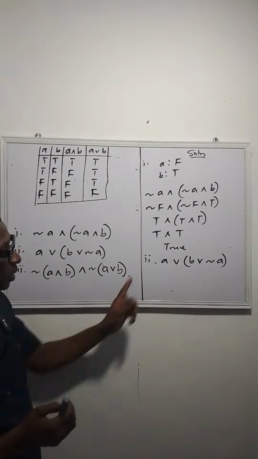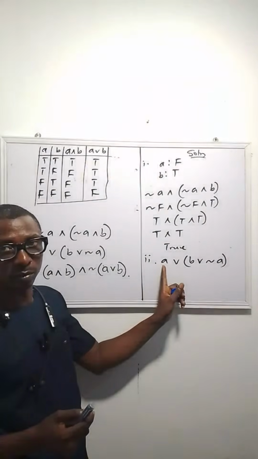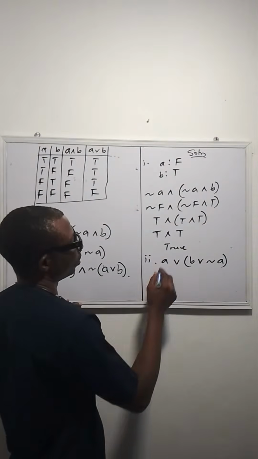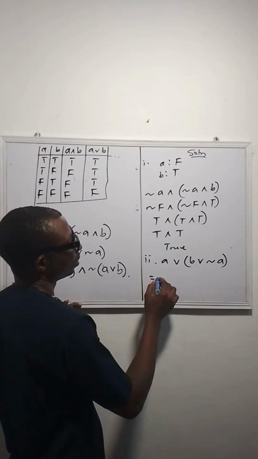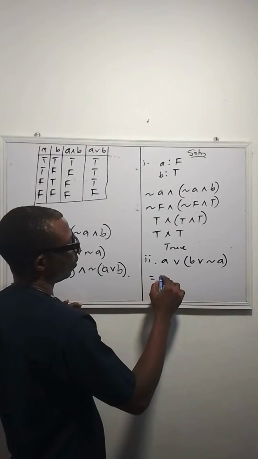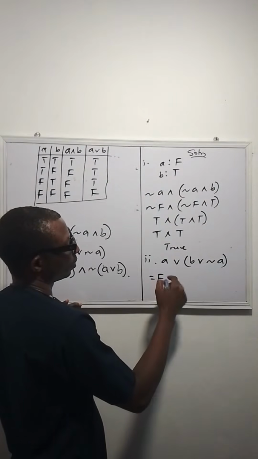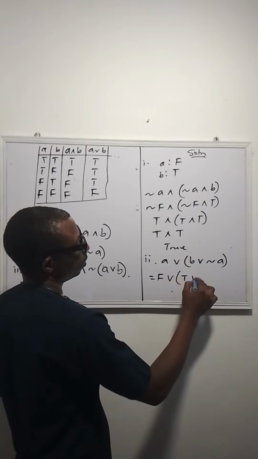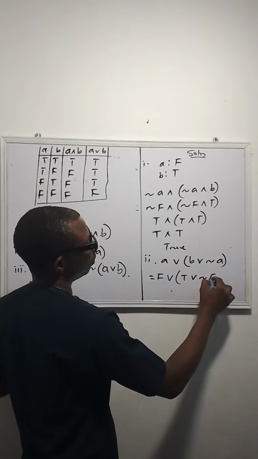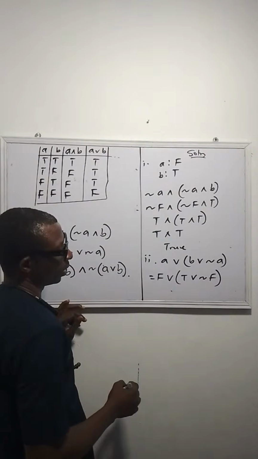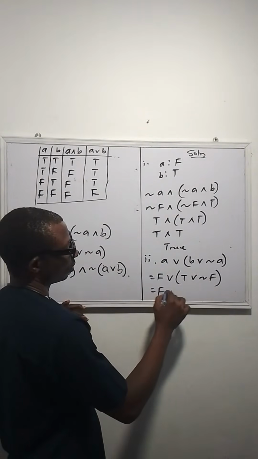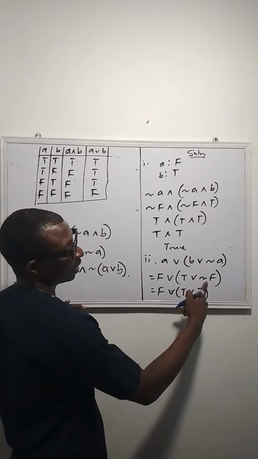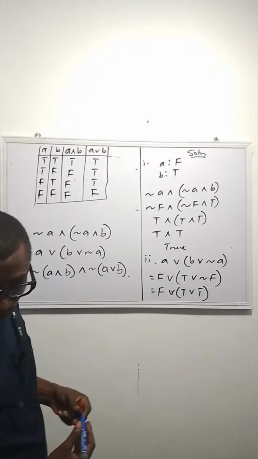Okay, so now let's plug in the values of A and B. So let's do that. We have false, A is false, or B is true, or negation of false. Okay, so we have false or true, because negation of false is true.